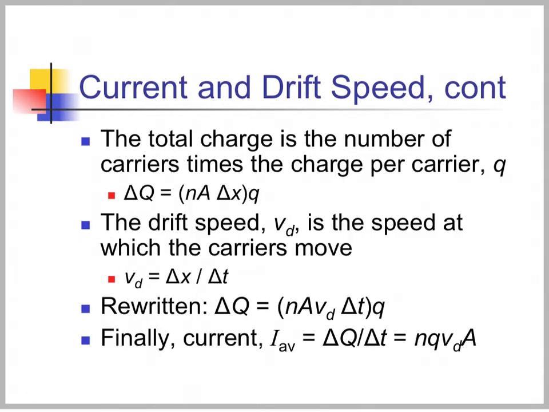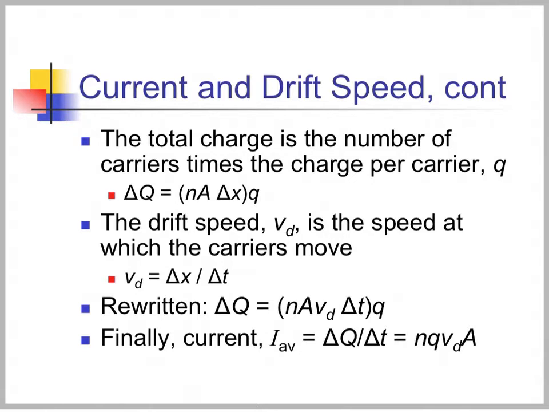The total charge is the number of carriers times the charge per carrier. So delta Q is the charge density, charge per volume, times the volume, times the charge of each individual carrier.